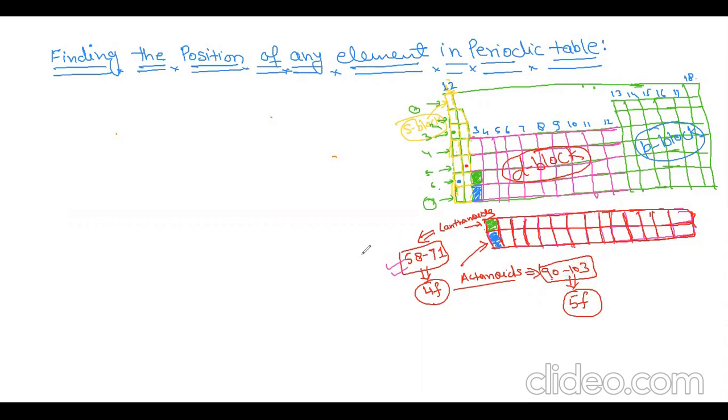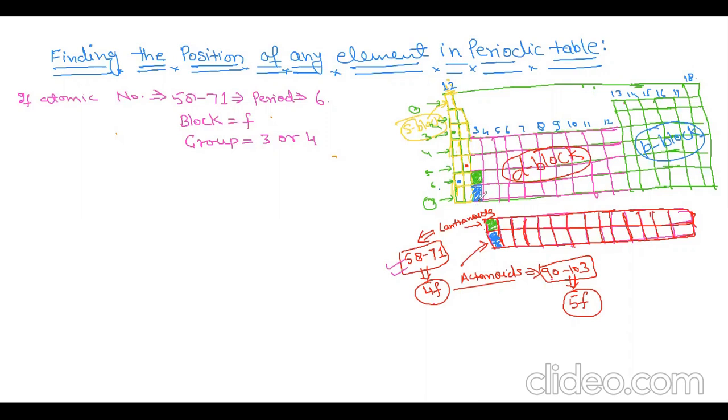And in the f block elements, the period number: if the atomic number is 58 to 71, period is always 6, block f, and group number either 3 or 4, because before that there is the one element lanthanum and then actinium.